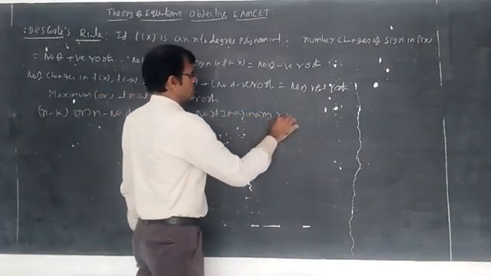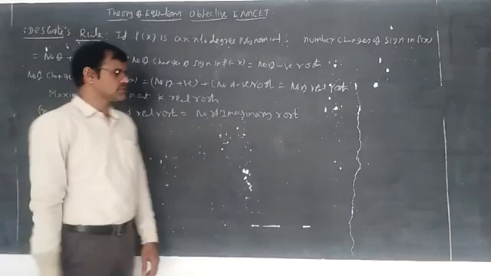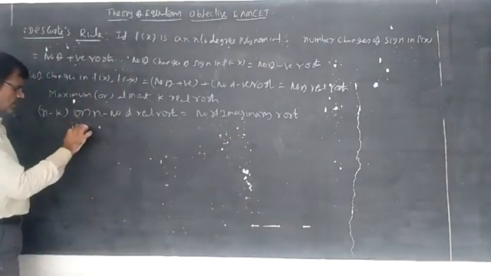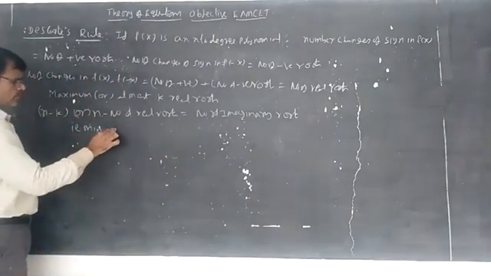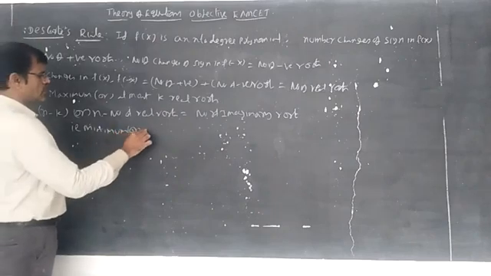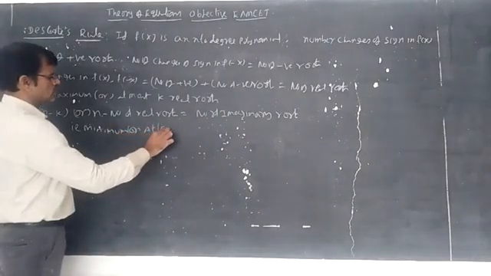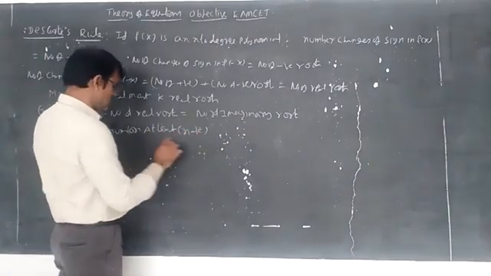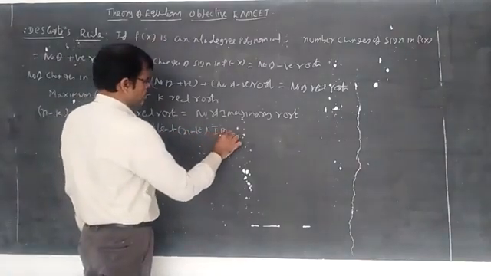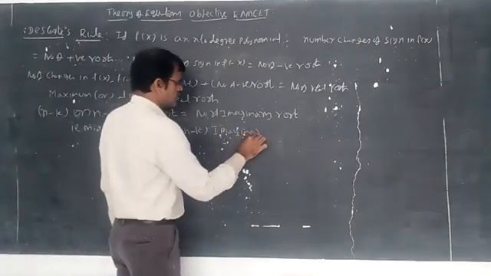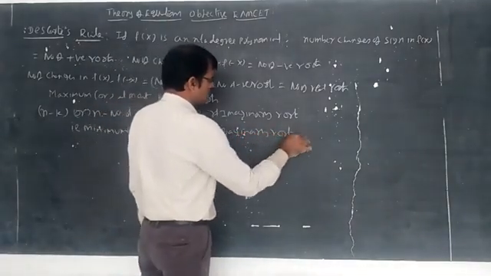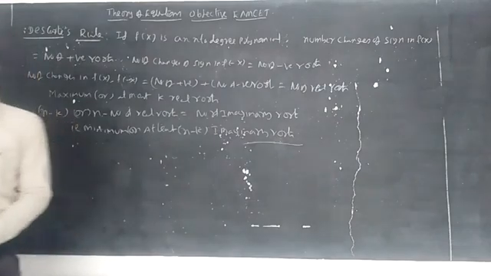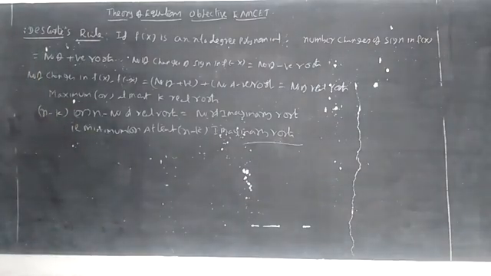Here we can say minimum, or at least, n minus k imaginary roots exist for the polynomial f of x equal to 0.